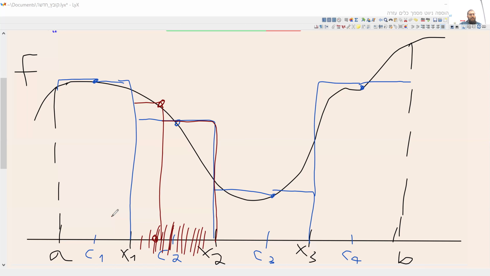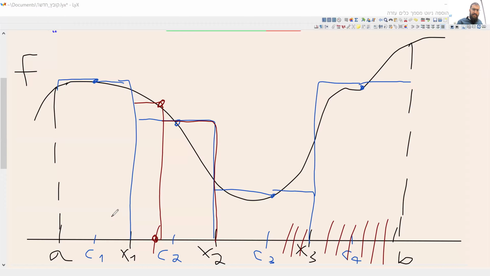So we want to add points to the partition, correct? But we have to add them in such a way that every segment becomes smaller and smaller.